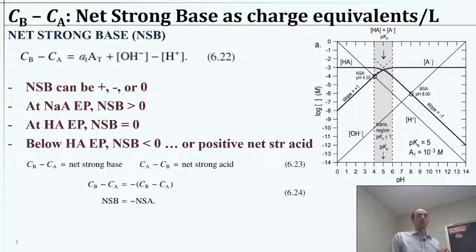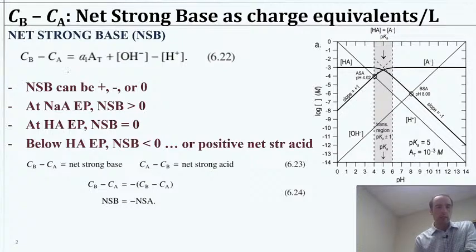So that means just by understanding the pH and given some total amount of acid in solution, or some species like that, could be a strong acid, weak acid, could be a base, I guess we'd write it as a B there, but you get the point. Just by understanding the pH and the equilibrium constant that we might need, we can have a relationship between the net strong base and that AT.